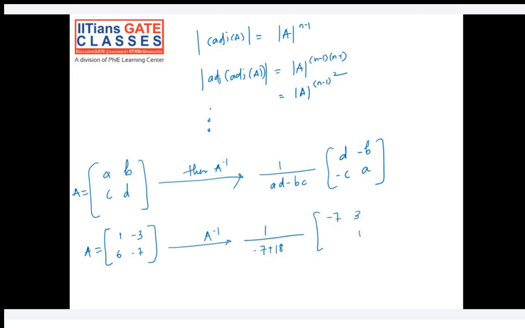That's all. You can bring the 11 inside the matrix also: minus 7 by 11, 3 by 11, minus 6 by 11, 1 by 11, or you can keep it outside, your choice.